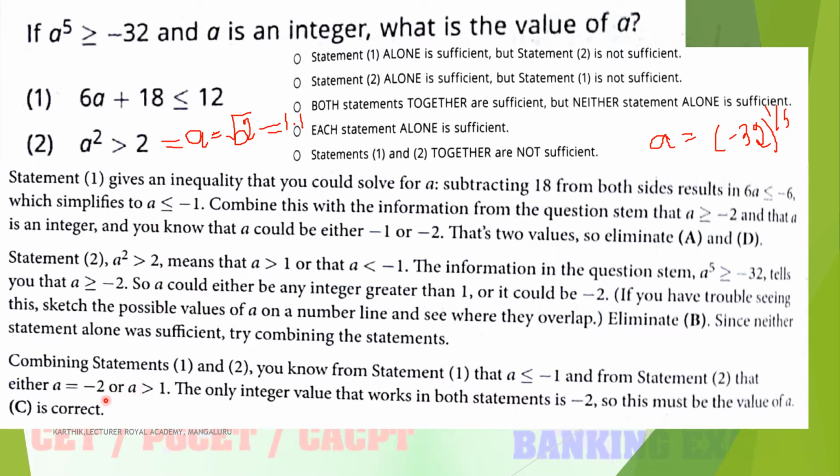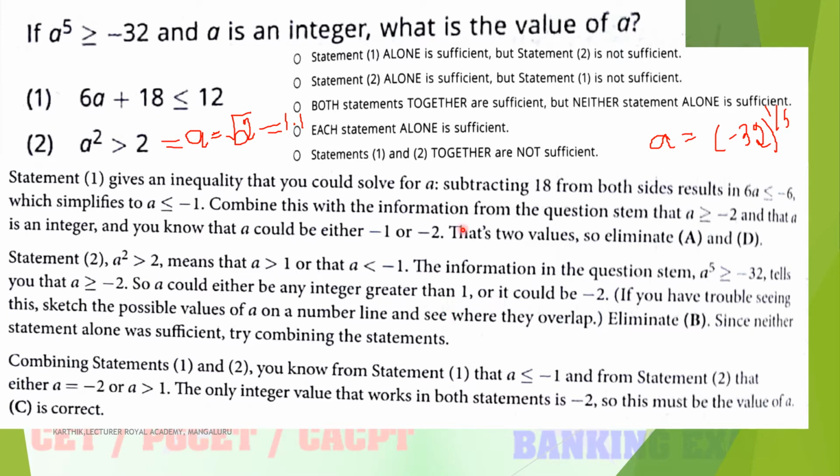Either a is equal to -2 or a is greater than 1. So the only integer value that works for both statements: in the first statement either -1 or -2, in the second statement either -2 or greater than 1.